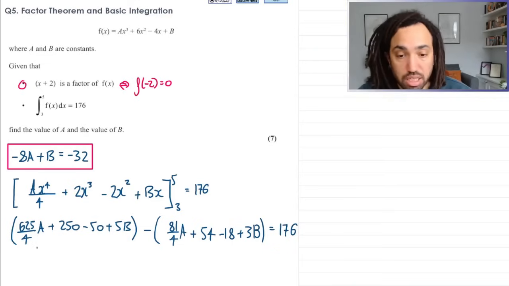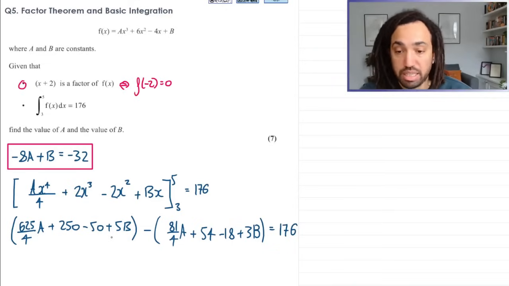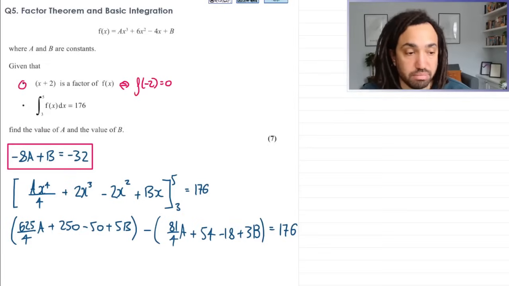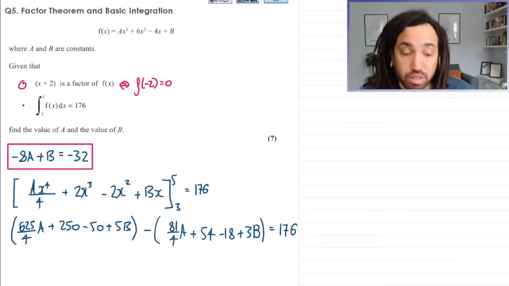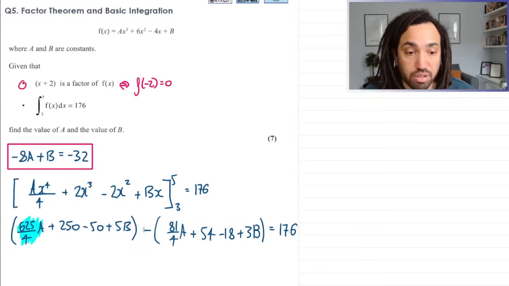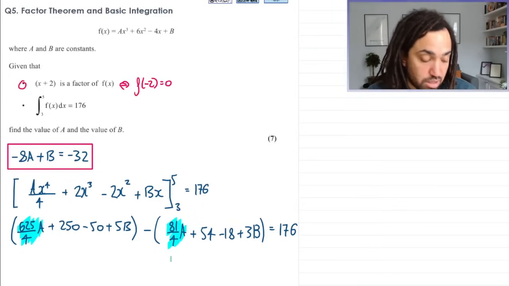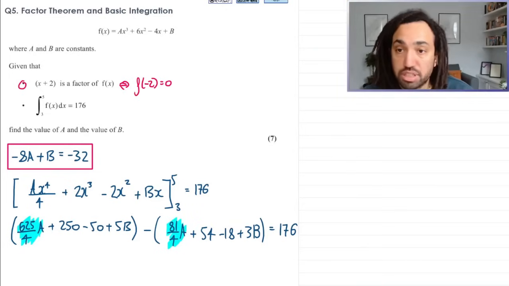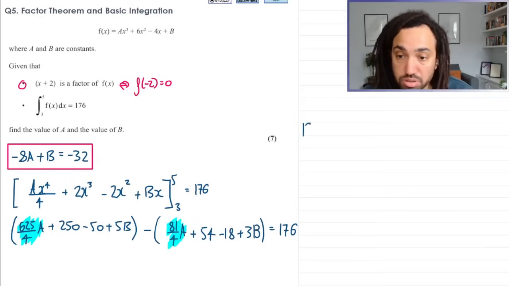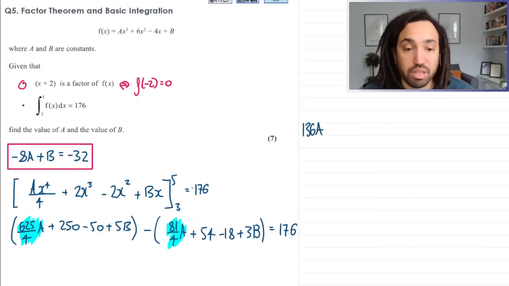Okay, great. So now we just need to do the calculation. Okay, so in terms of a's, we have 625 over 4, and then minus 81 over 4, and this gives us 136. So we've got 136a.